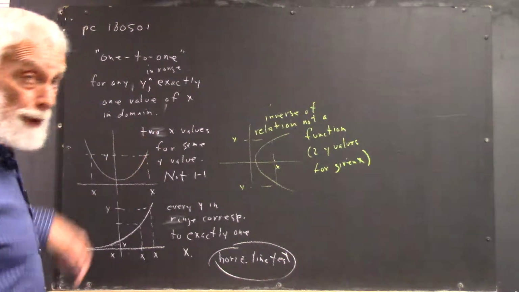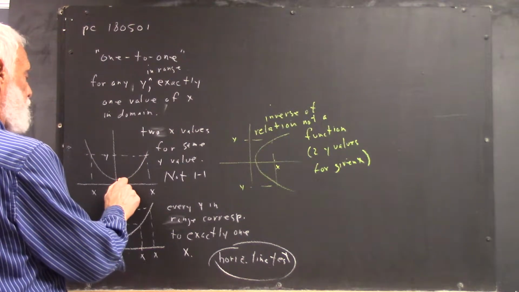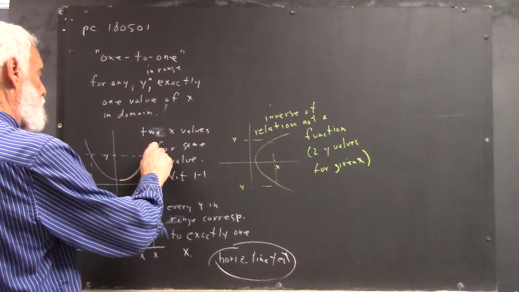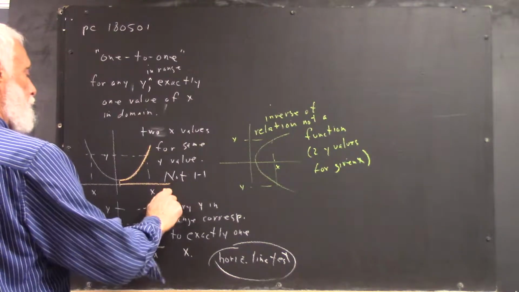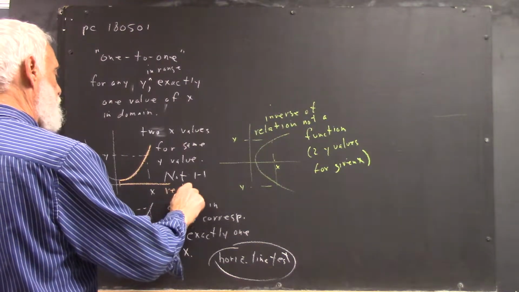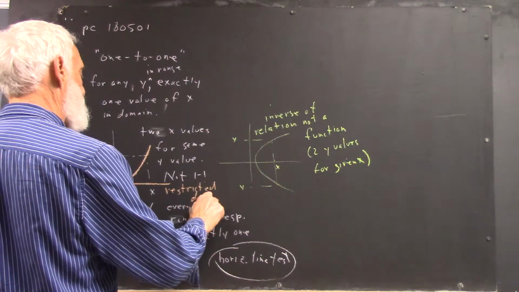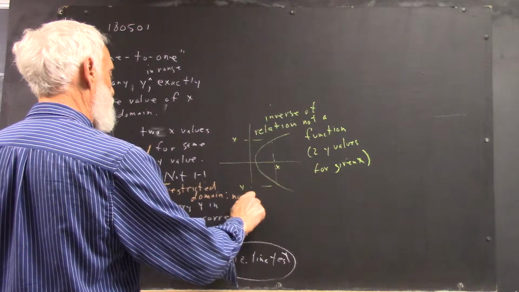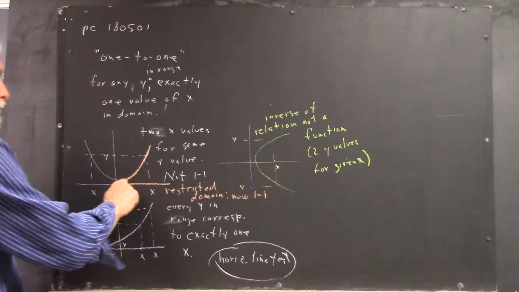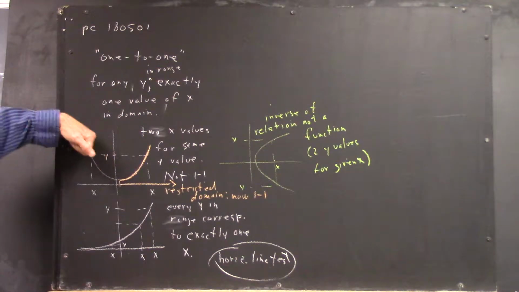restrict the domain of this function, let's say that here's the vertex, so we restrict the domain. So here's our restricted domain, and now the function is one-to-one because we discard this part of it.